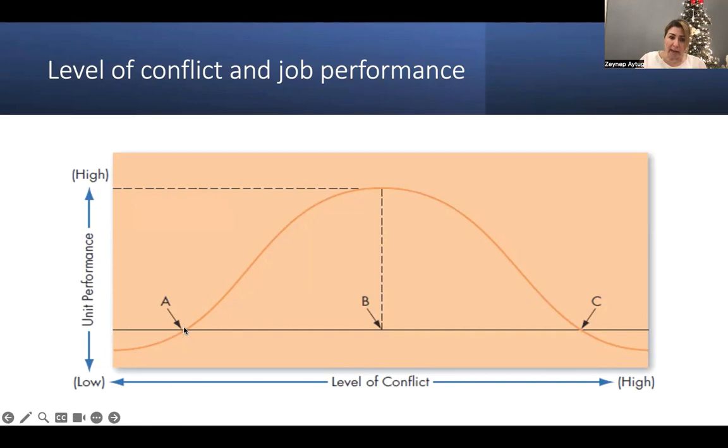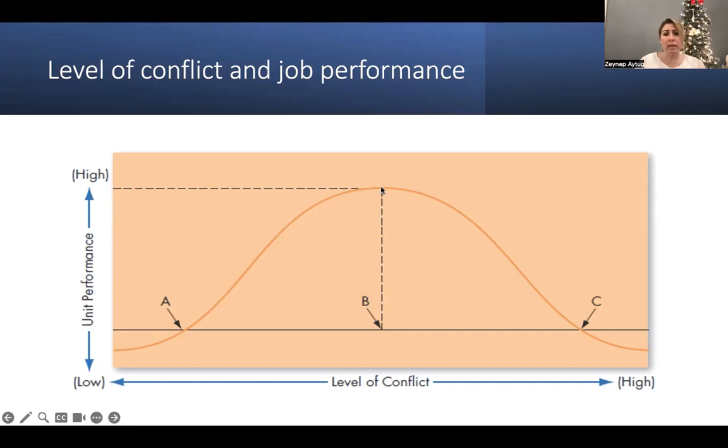Please observe that as the level of conflict goes up, the unit performance goes up as well, which means that we are brainstorming, we're talking, we are exchanging information, we're improving our design, improving our processes, final results.